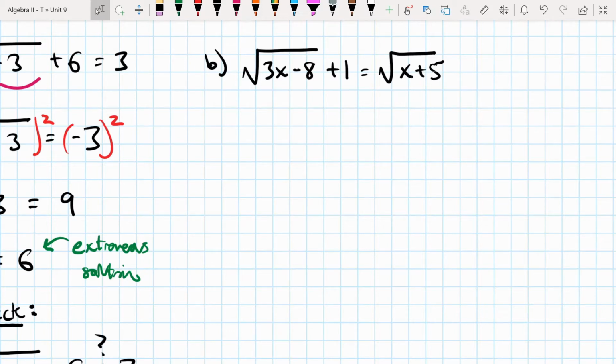What we want to do when we have two radicals is we want to isolate one of the radicals. Once we isolate one of the radicals, we can square both sides. So right off the bat, we've isolated the radical on the right-hand side. So let's square both sides. The right-hand side will be pretty straightforward because the square and the square root will just cancel each other out. What I want to do on the left-hand side is write this twice.